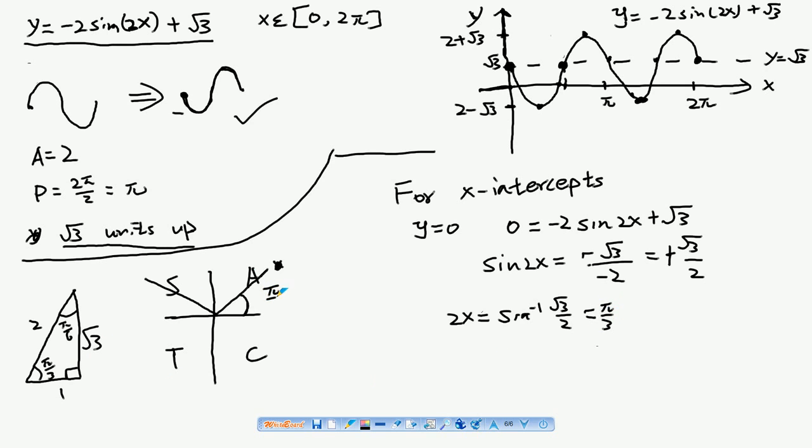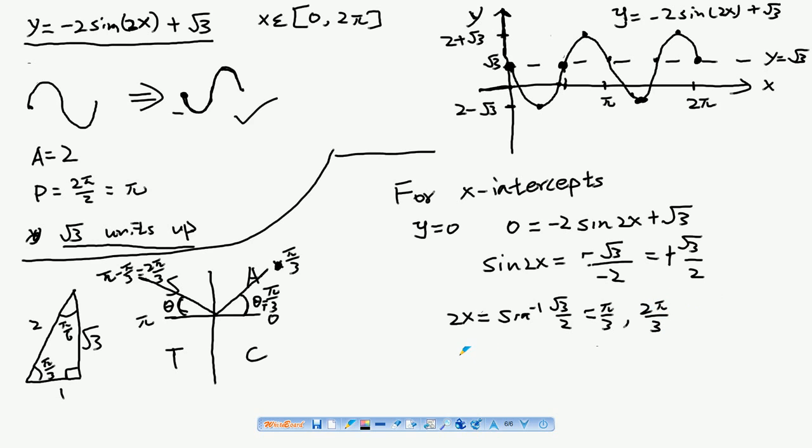This angle there is pi on 3. The angle here is pi minus pi on 3, because the angle theta is the same, which is 2 pi on 3. These are our answers in the unit circle: pi on 3 and 2 pi on 3 for one period.